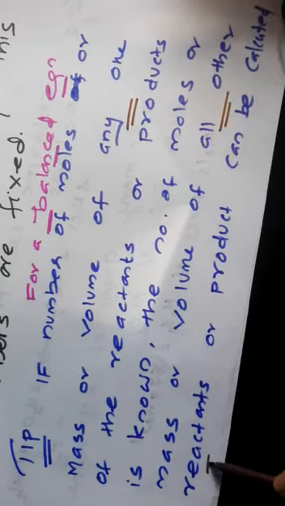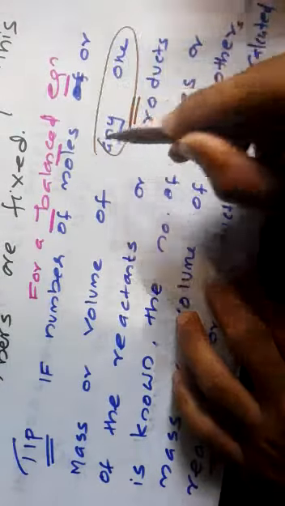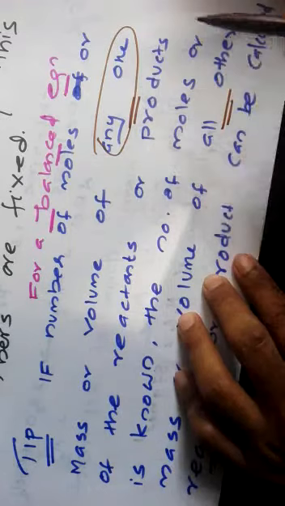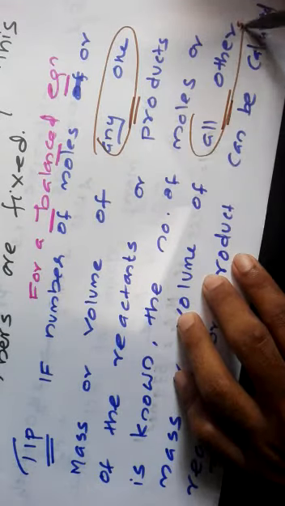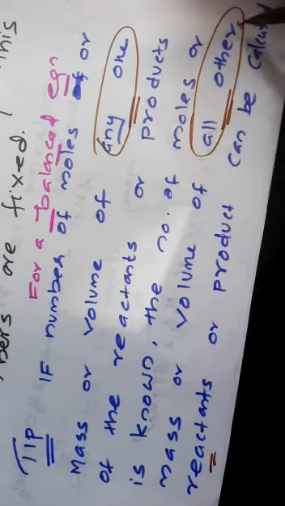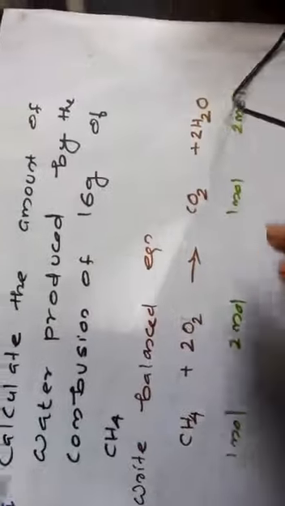If you know the number of moles, mass or volume of any one of the reactants or products, all others can be calculated. This understanding is very important in solving the problems.